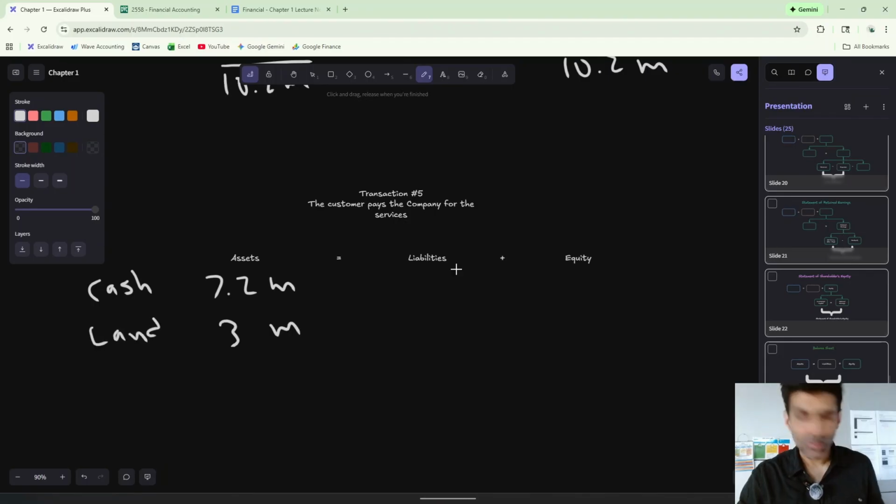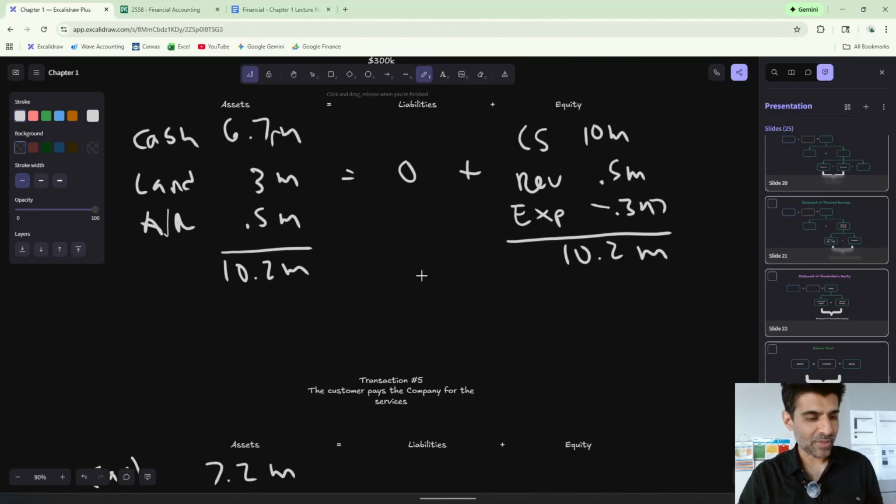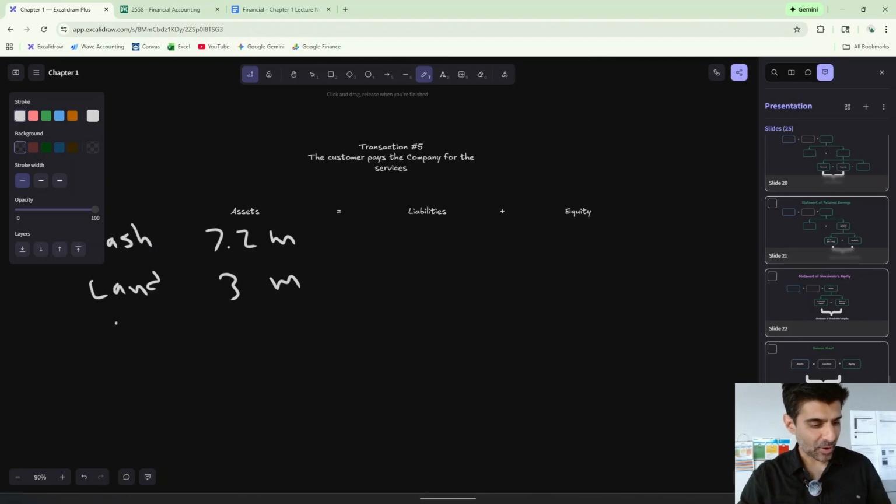What about this accounts receivable? Do I still have it? No, they paid us off, right? So that accounts receivable represented an amount that company was going to pay us in the future. And when they actually do it, they no longer owe us any money. It's no longer an asset for us. We just converted the accounts receivable asset into cash, right? So this goes away. Our accounts receivable is 0 now. So we're still at 10.2.